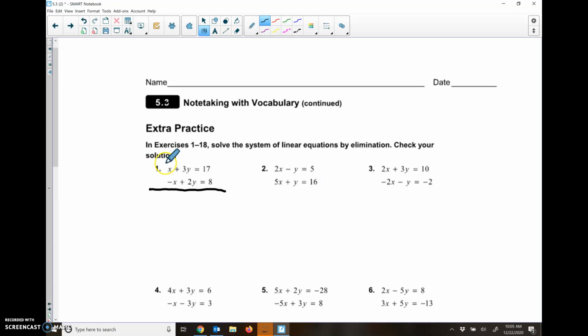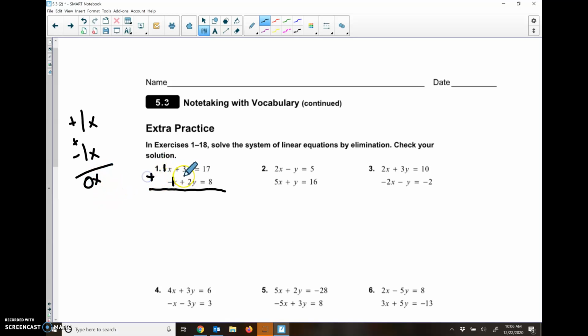Okay, so we see we have 1x here and negative 1x here. So I'm going to eliminate my x's, but I just can't say poof, they're gone. I need to do some math to eliminate them. So in order to eliminate a positive 1x and a negative 1x, I need to add them together to get 0x.